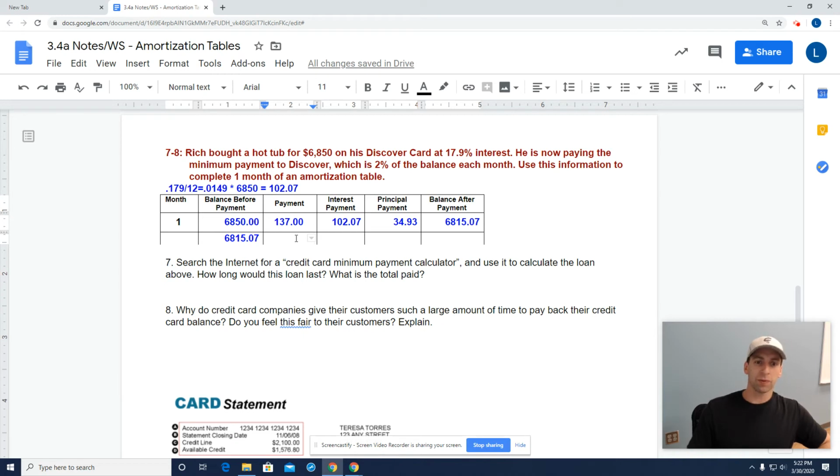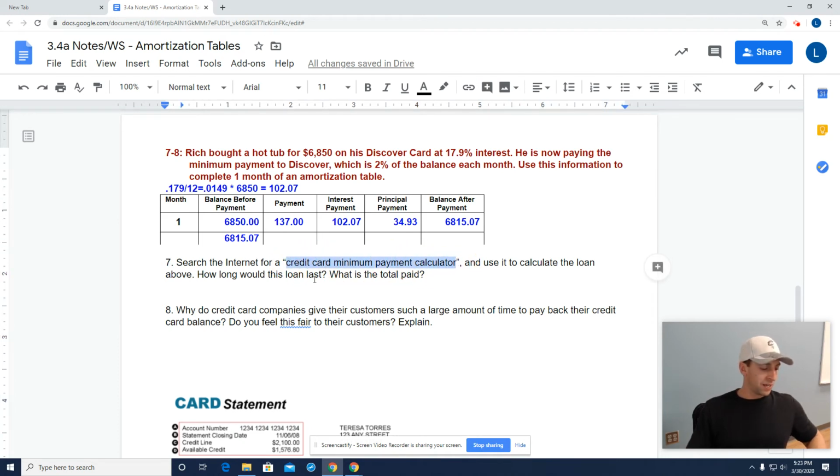And that deceives people. They think, oh, good, my payment went down. No, that's not good. That means you're paying even less towards the loan. Okay, so what happens here is the payment drops a little bit more, and the interest barely goes down at all, and your amount to principal barely goes up at all, and it just stretches out this loan for a heck of a long period of time. That's why it's such a horrible idea to make minimum payments on a credit card.